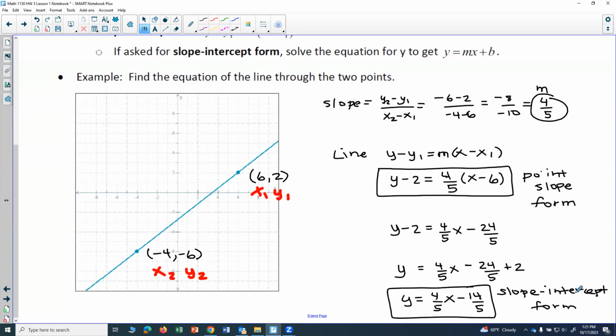Now, if I had reversed which point I labeled as (x1, y1) and which I labeled as (x2, y2), it should be okay. I should end up with the same equation once I get to slope-intercept form.